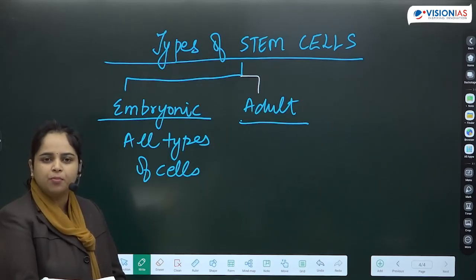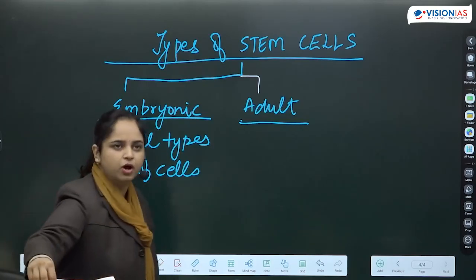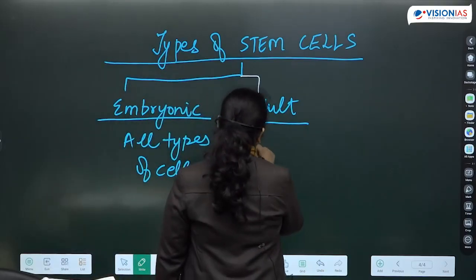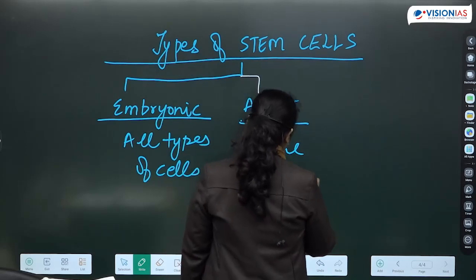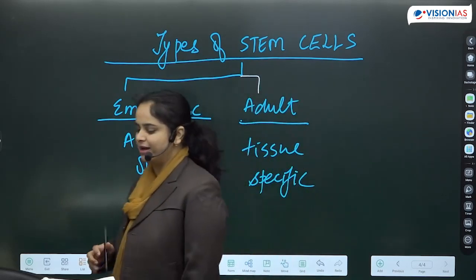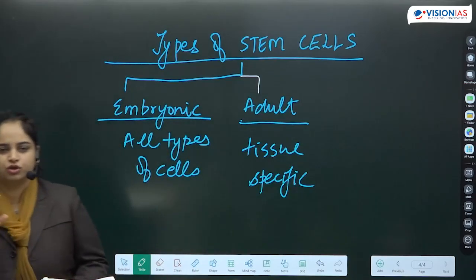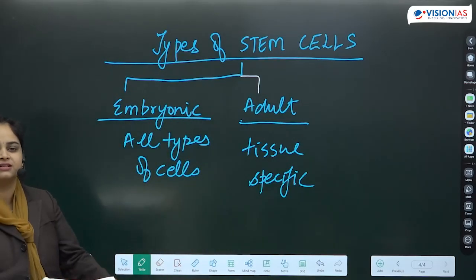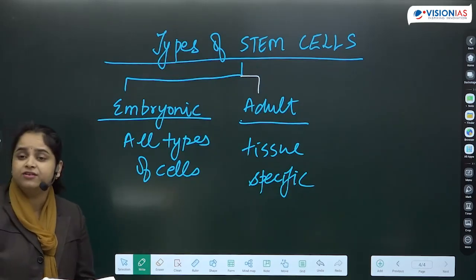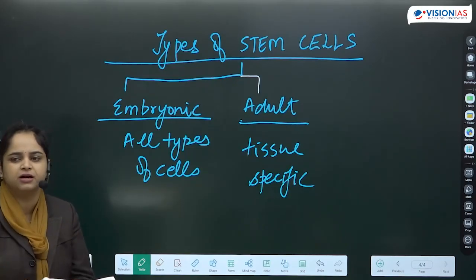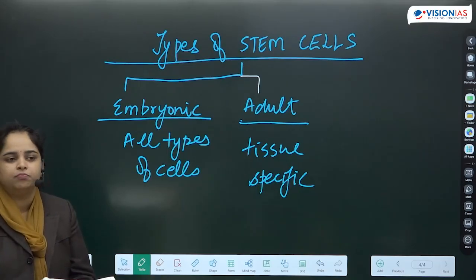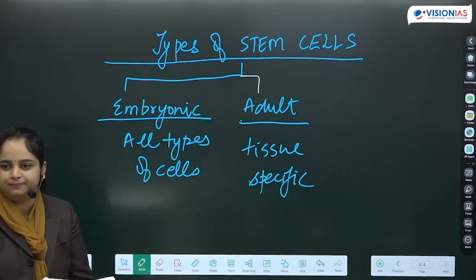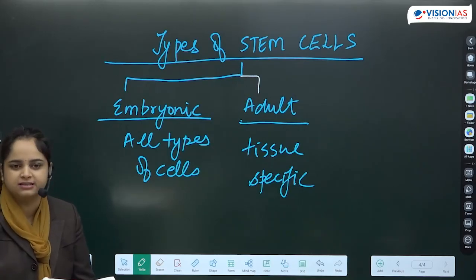In terms of their properties, as compared to embryonic stem cells, the difference is that they are tissue specific. If I have one embryonic stem cell, I can change it to all the types. पर adult stem cells में ऐसा नहीं होगा. You have reserves of stem cells kept in different parts of your body, and they will only form that particular cell. जैसे अगर लिवर में कुछ स्टेम सेल्स पड़े हैं तो वो सिर्फ लिवर के सेल्स बनाएंगे.